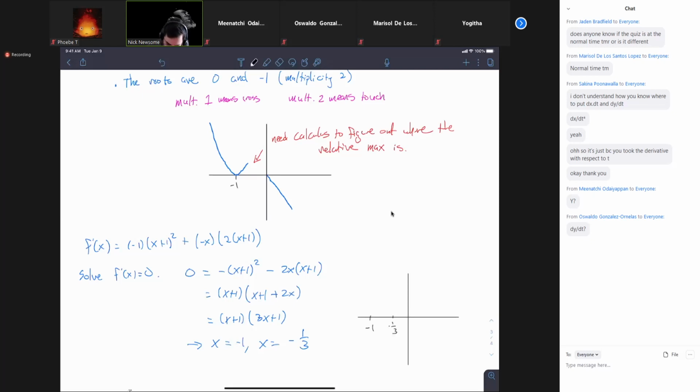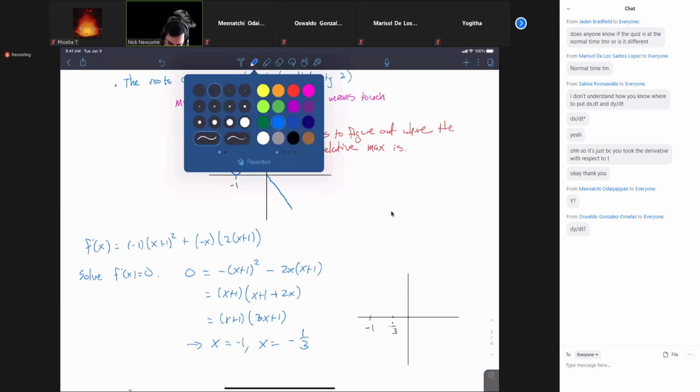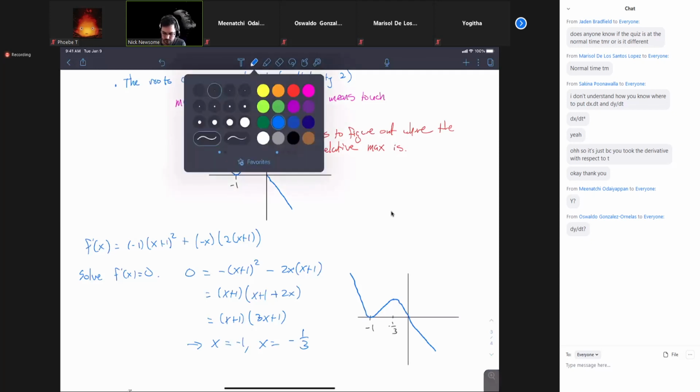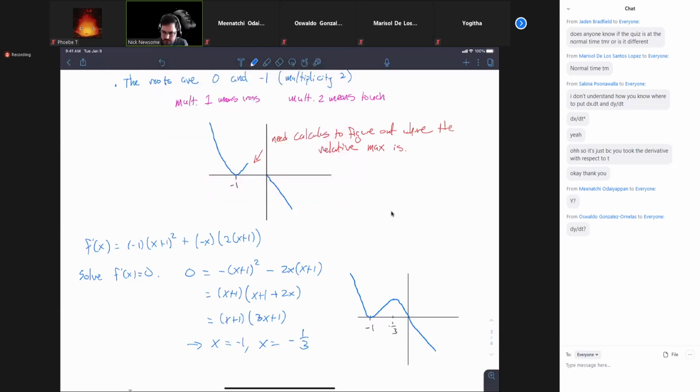And I know about 0. So my graph is going to look something like, let's see, comes down, touch, top of the hump is there, and then crosses through. Something like that. Okay, questions?